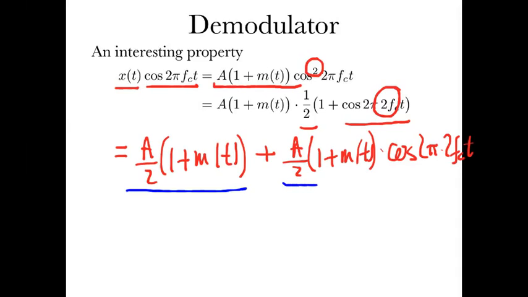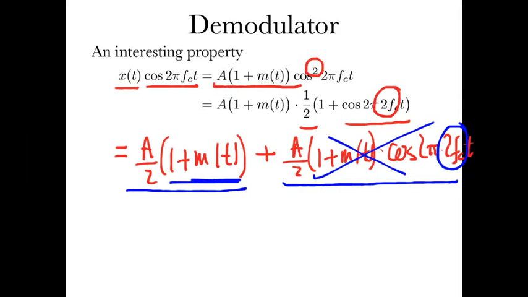We also, though, have a signal that's sitting up at twice the carrier frequency. Well, I think I know how I'm going to get rid of that. I'm simply going to filter it out. And when I do that, I'm left with my original message.